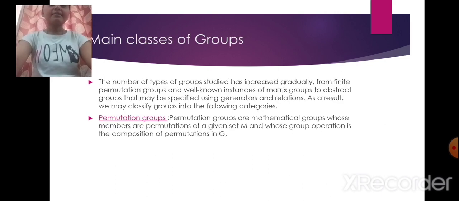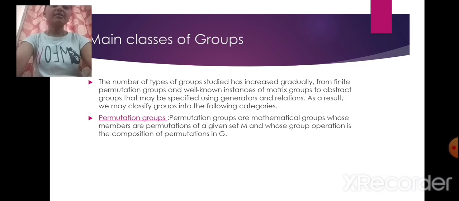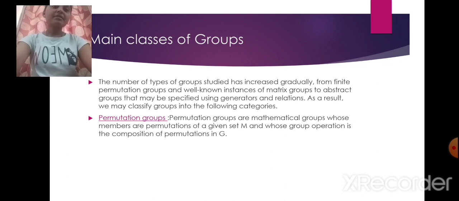Main classes of groups. The number of types of group studies has increased gradually from finite permutation groups, well-known instances of matrix groups, to abstract groups that may be specified using generators and relations.